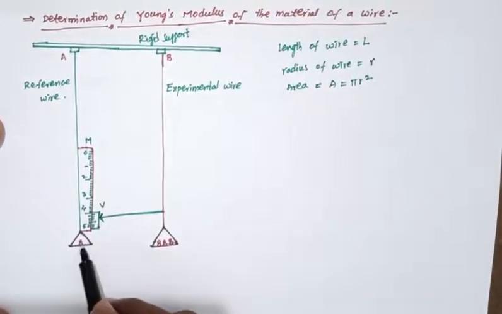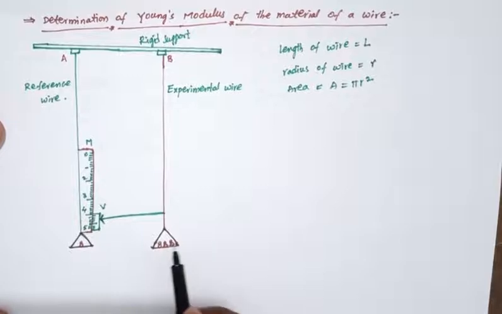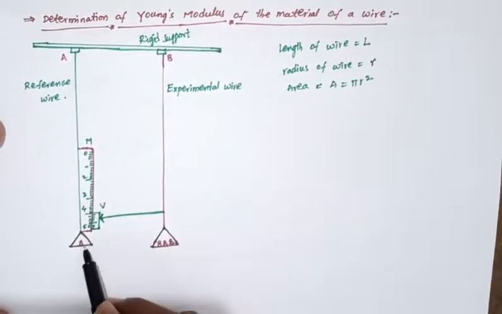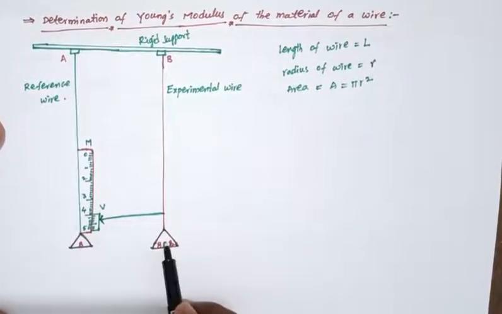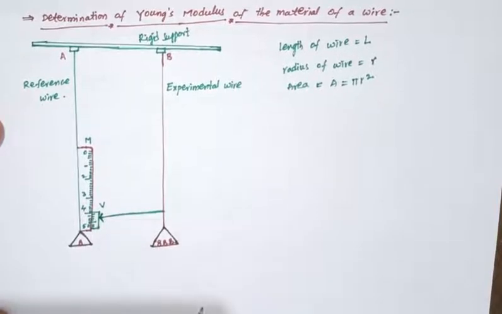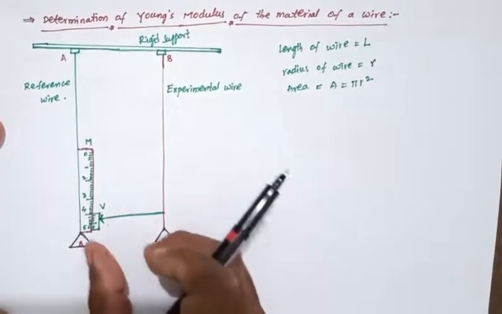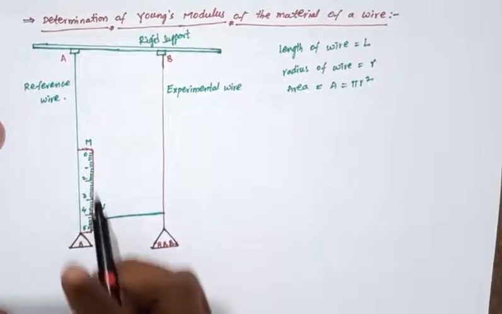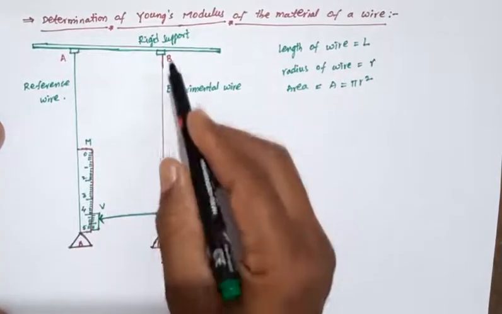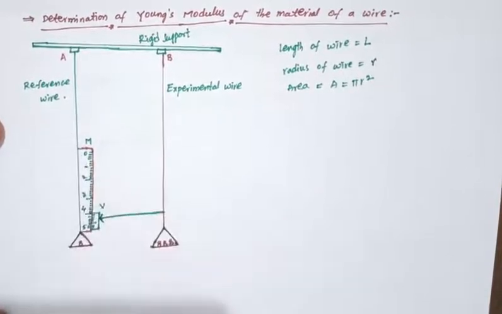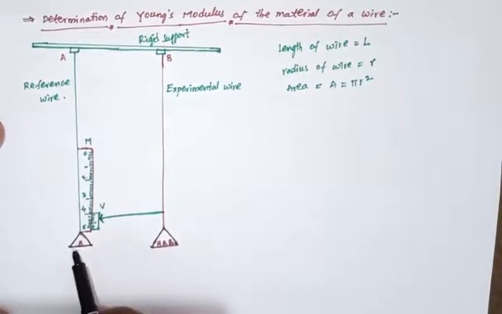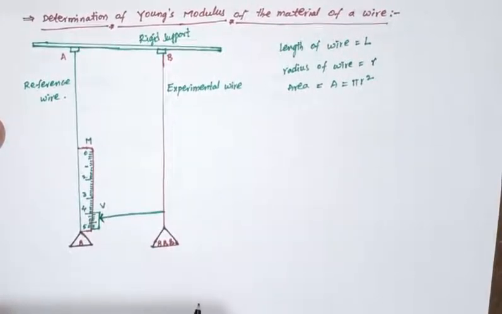Now, equal weights are used first: equal mass, 10 grams here and also 10 grams here. Why? So that the wire is tightened and stays in a straight line.